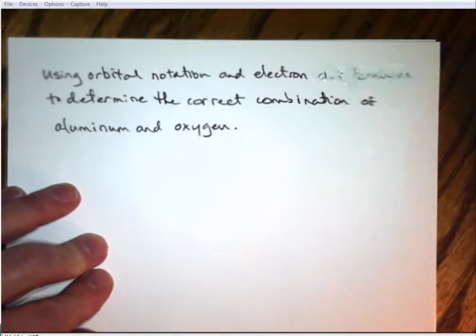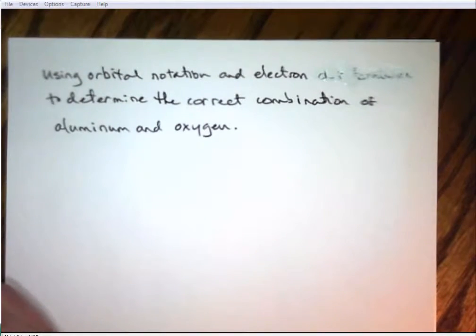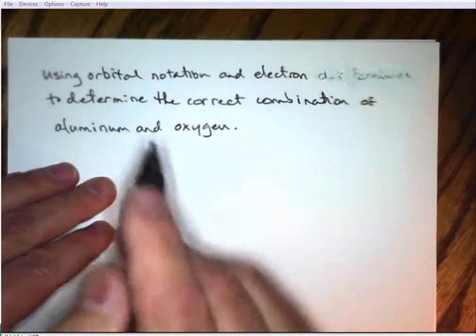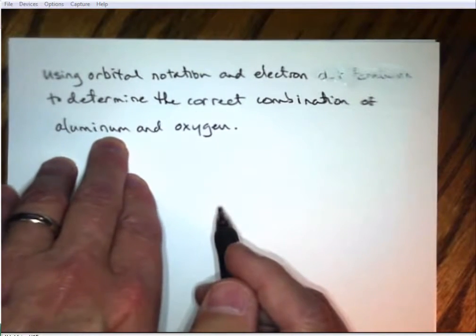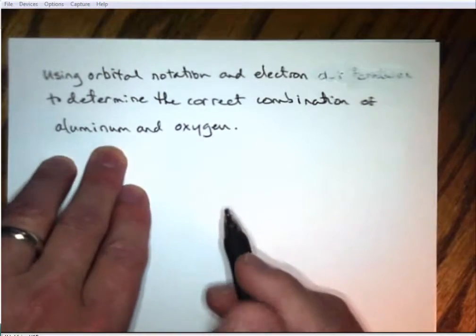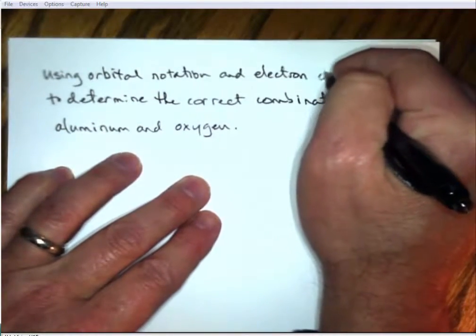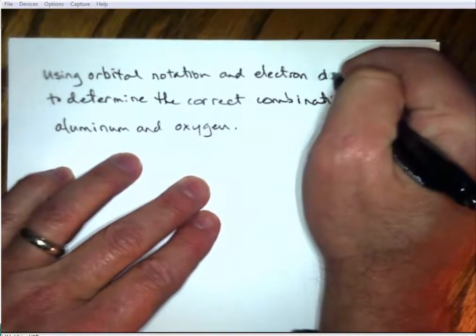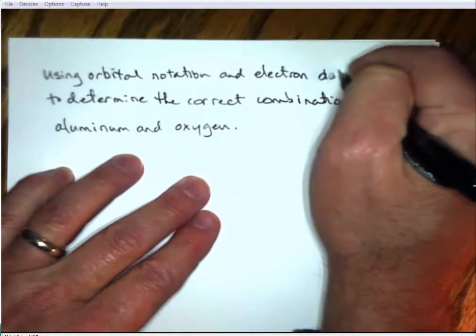Most of the world, by the way, doesn't spell aluminum that way. Most of the rest of the world spells it with an IUM instead of a UM, and they pronounce it aluminium. So if you ever hear somebody say aluminium, you know what they're talking about.